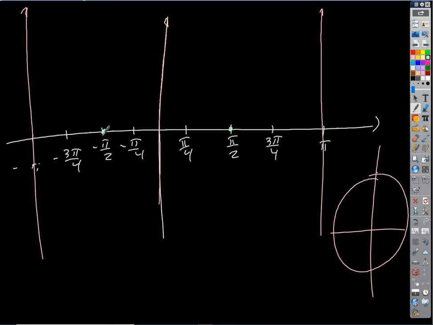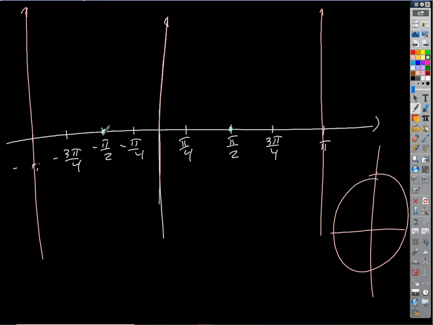Where is it going to be positive and where is it going to be negative? It's cosine over sine, so it's positive where they're both positive, right? So where is it positive then? 0 to pi over 2, right? So we know it's positive there, and it's negative in quadrant 2. Agreed?